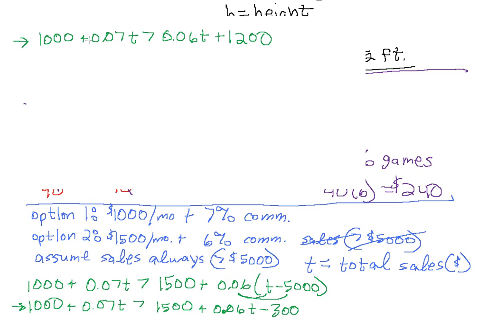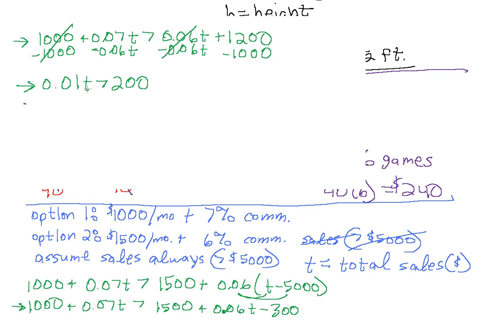Let's move everything with our variable to the left and everything else to the right, so we can subtract 0.06t from both sides. And let's go ahead and move 1,000 to the other side as well. So we can subtract both sides by 1,000. These two terms cancel, as do these. So we're going to have on the left-hand side 0.01t is greater than 200. 1,200 minus 1,000 is 200.